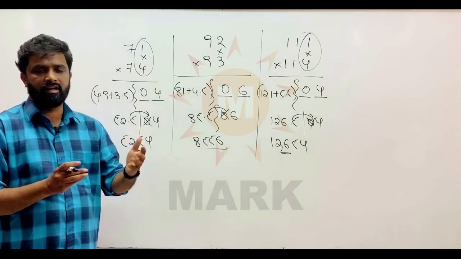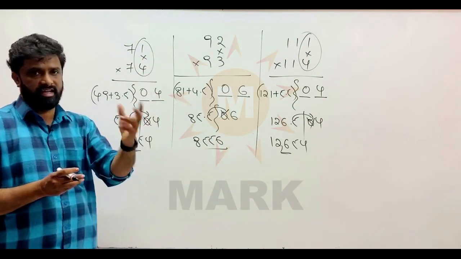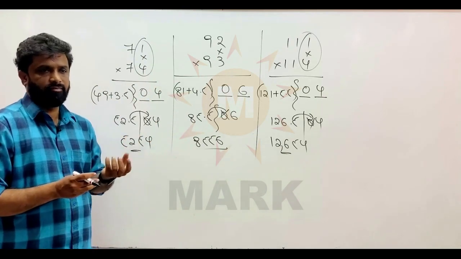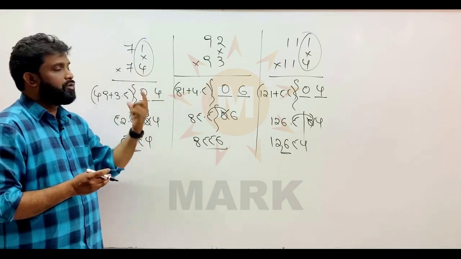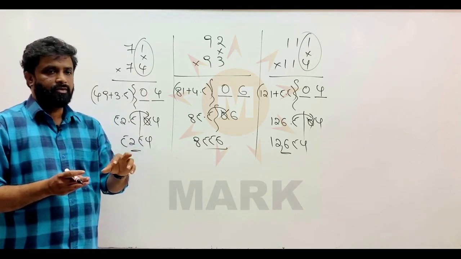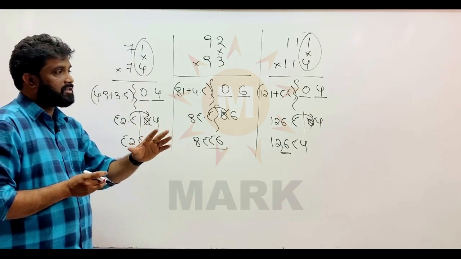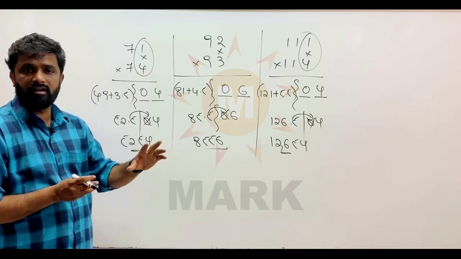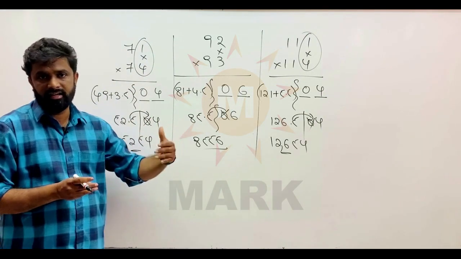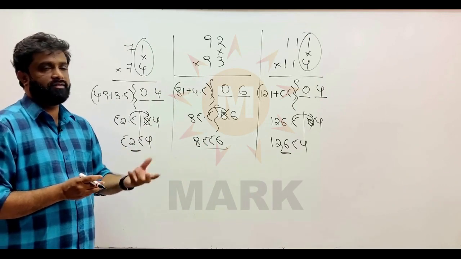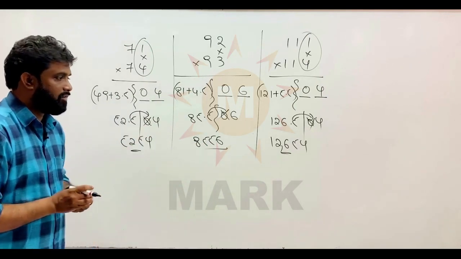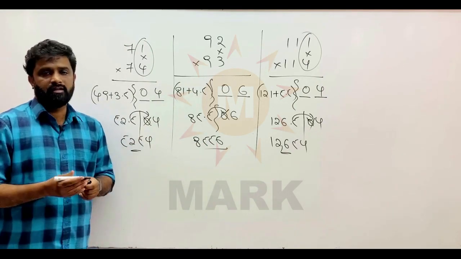The first case was the general case when the units number sum was 10 and the remaining numbers are same, 1 digit or 2 digits. And in the second case, what if the units number sum is 5? In that case also, what if the other numbers are even numbers and what if they are odd numbers? So in case 2 we have got subcategories. This is how. I hope you liked our technique. Thank you.